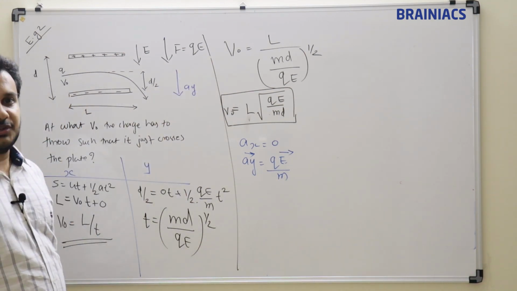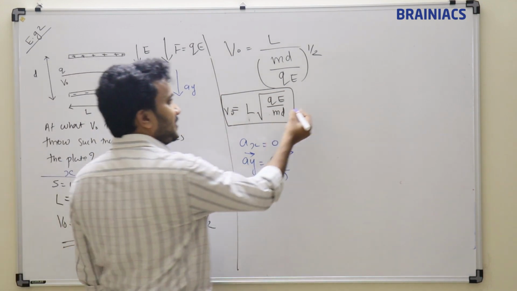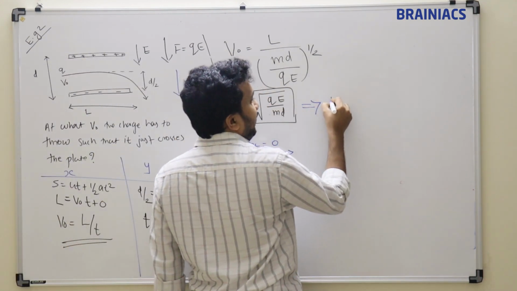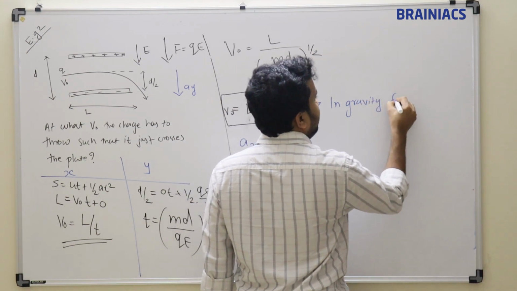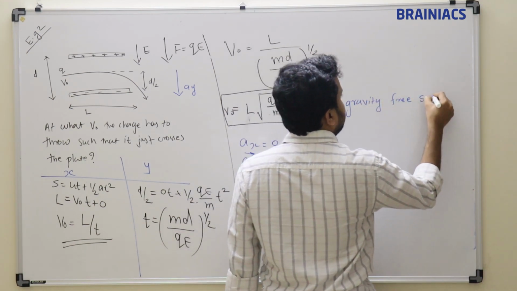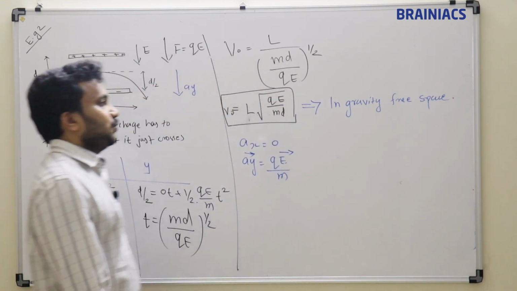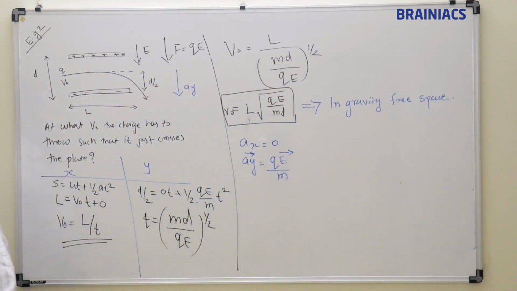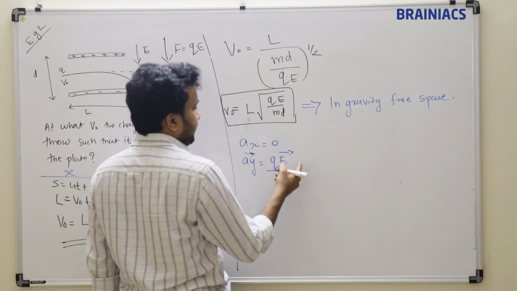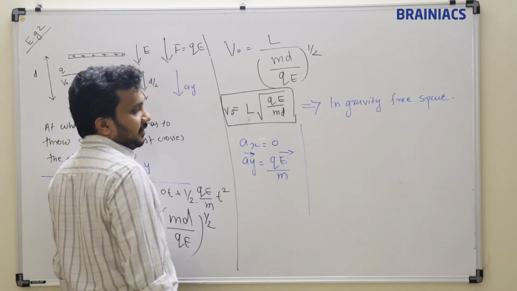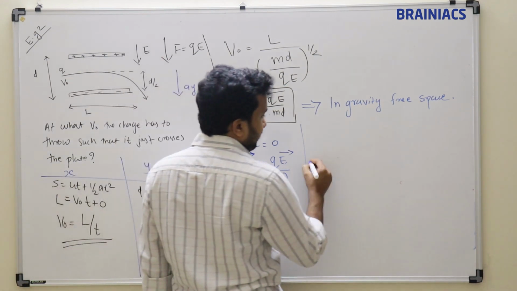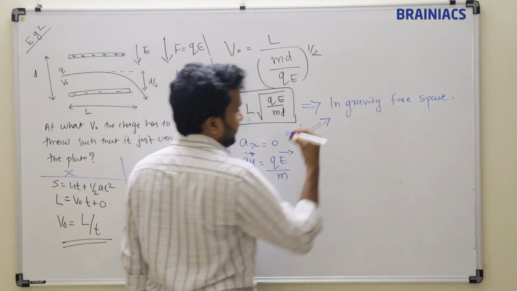These equations are for gravity free space, where there is no gravity. Whenever gravity comes into the picture, what will happen? This ay will change. So this is for gravity free space.